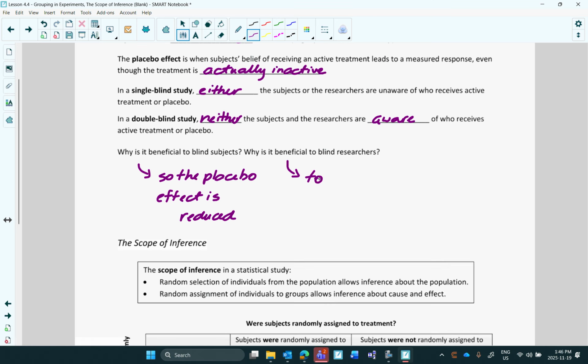To avoid a biased outcome. So that pretty much sums everything up that we're going to do. There's just one more thing to look at.